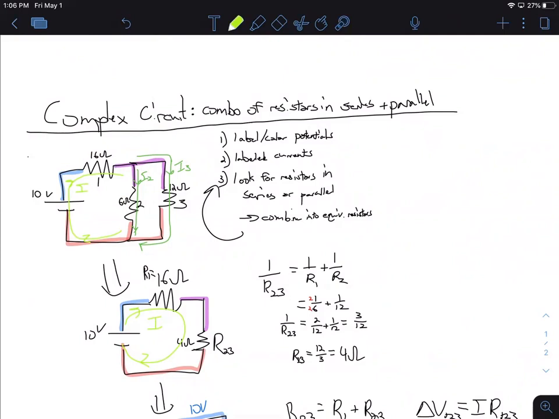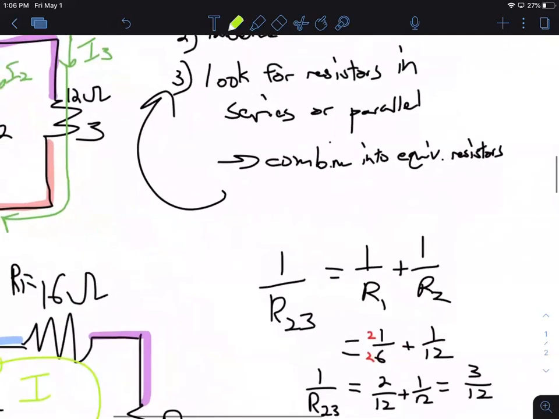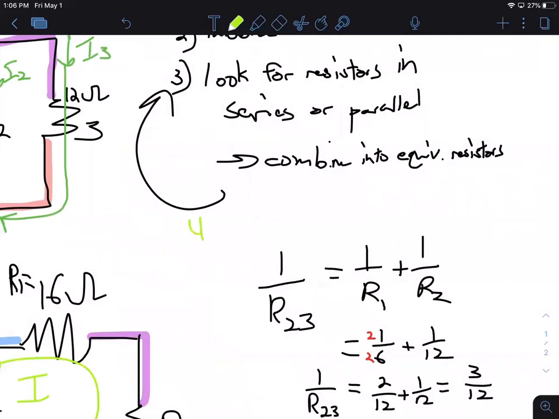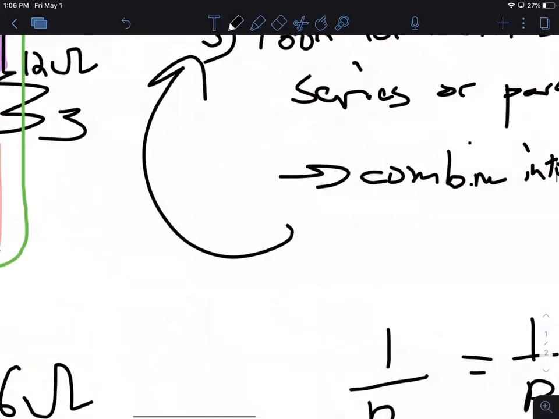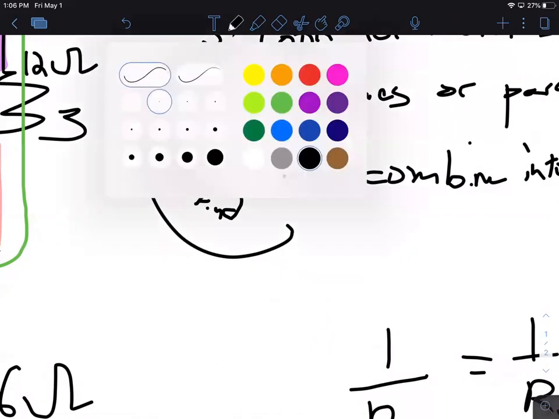So that would be step 4. So we did this until we find I. Let's do that in green so we know what I we're talking about.